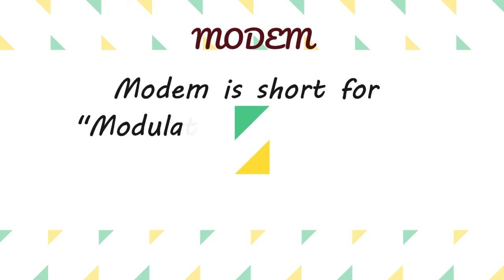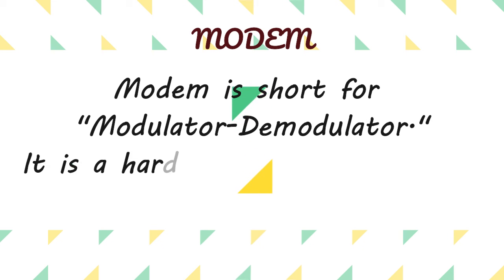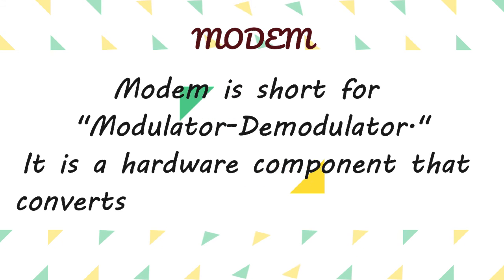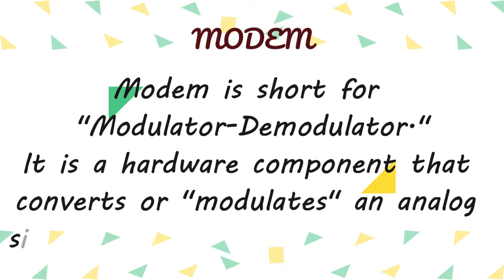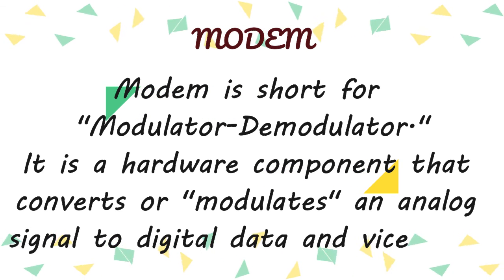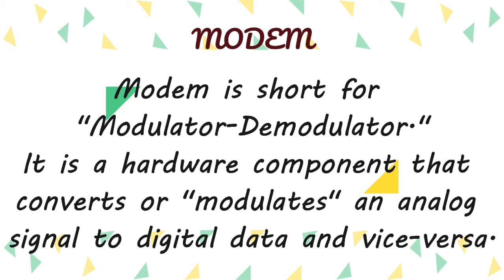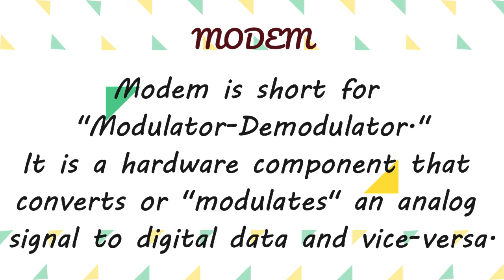The next networking device is the modem. Modem is the short form for modulator and demodulator. It is a hardware component that allows a computer or other devices such as a router or switch to connect to the internet.